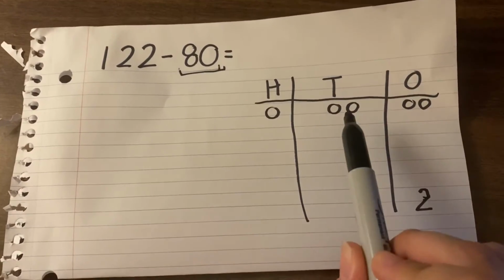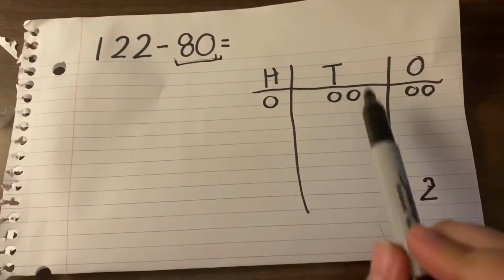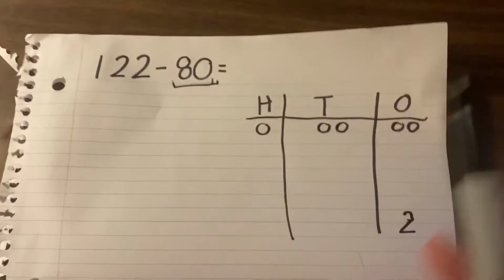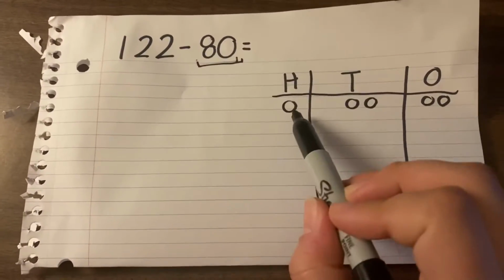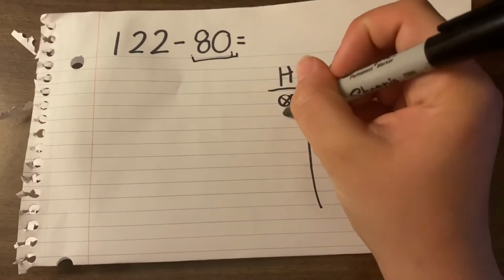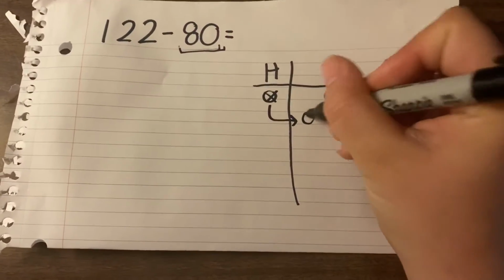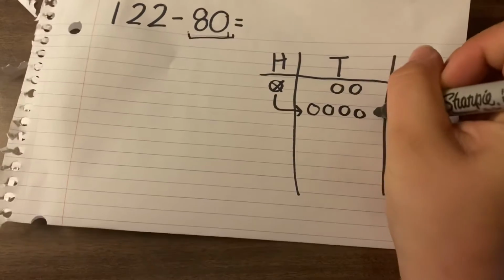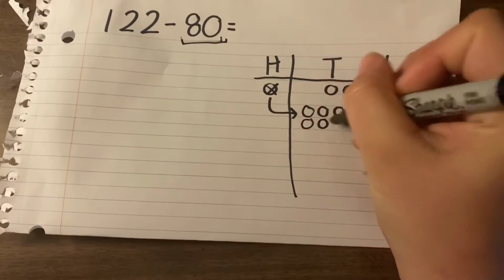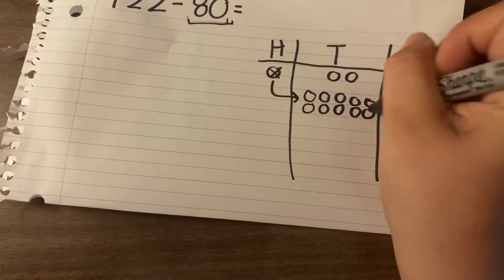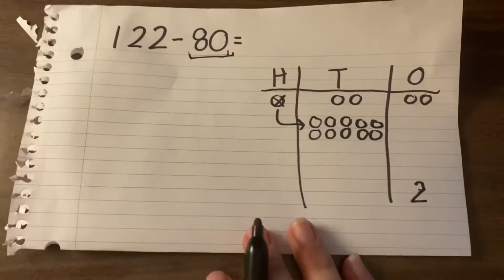We have 2 tens. I don't have enough tens here to subtract. So what we'll do is we'll unbundle our 100, and in its place, draw 10 tens. 2, 3, 4, 5, 6, 7, 8, 9, 10. All right, got 10 tens here.